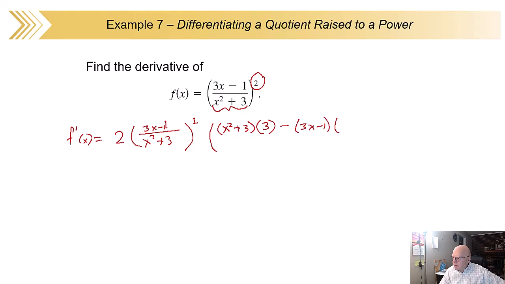And the derivative of the bottom, which is 2x. And on the bottom, what do we have? X squared plus 3 squared. Remember I told you, it's very important that you know how to do the previous sections using the previous rules, or you're going to be really lost.